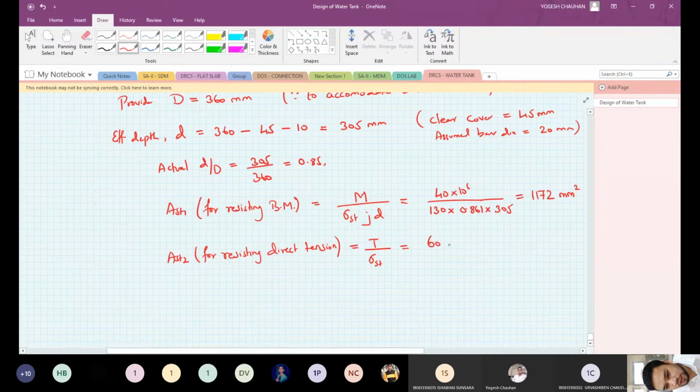So that is 60 into 10 to the power 3 divided by 130. So it is around 462 mm square.